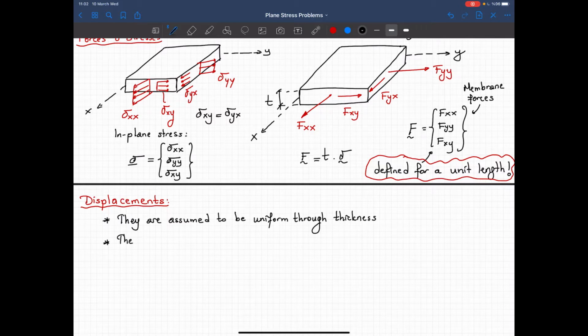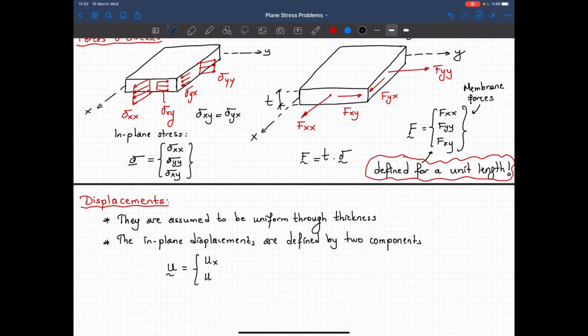So the in-plane displacements are defined by two components. So our displacement field is defined by displacement in x direction and displacement in y direction. Okay, no rotations are defined.